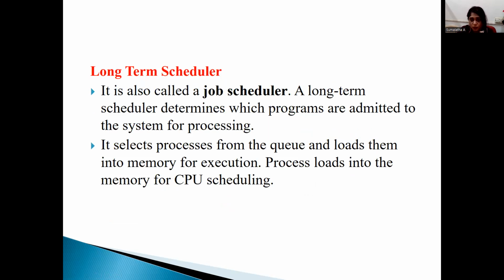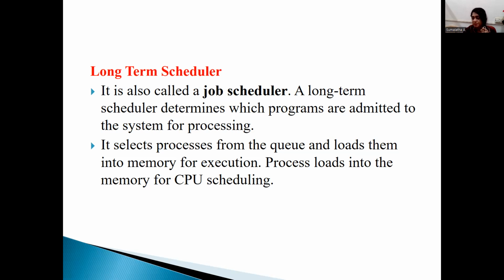It determines which programs are admitted to the system for processing, selects only those processes from the queue, and loads them into memory for CPU scheduling. This is where it finds out which are the programs, or rather I would say processes, because a program in execution is nothing but a process. So it is better to use the terminology of a process.